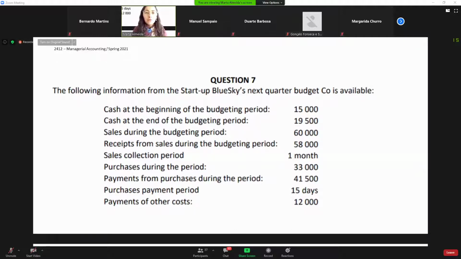They can ask about inventory and production. For instance, they can provide information on how much the company expects to sell, and then tell you how much is the opening inventory of units at the beginning, and you need to see how much the company needs to purchase or produce in order to have enough units to sell in the following period.